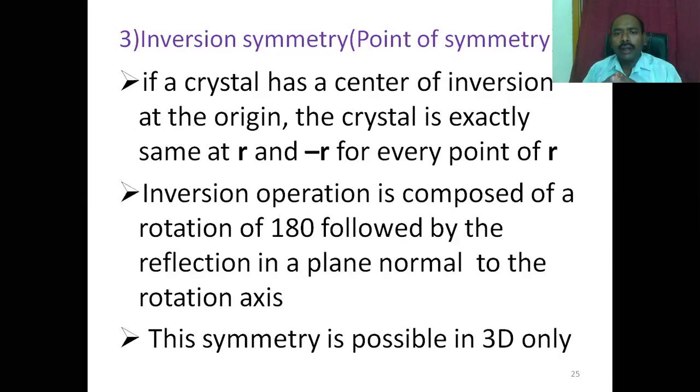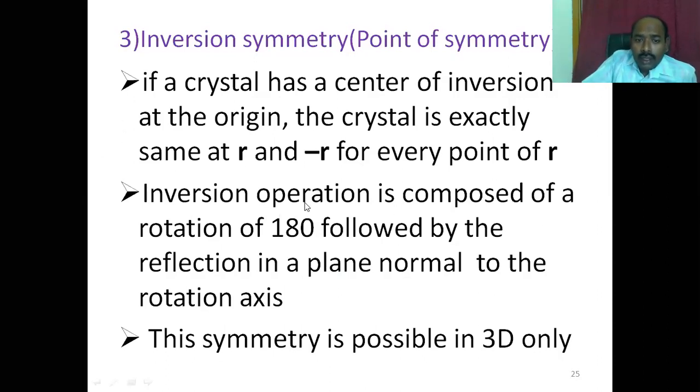In other words, if you take one lattice point as origin, whatever environment or structure you observe at position R, if there exists a similar structure at minus R, we say that there exists inversion symmetry. So that is the thing.